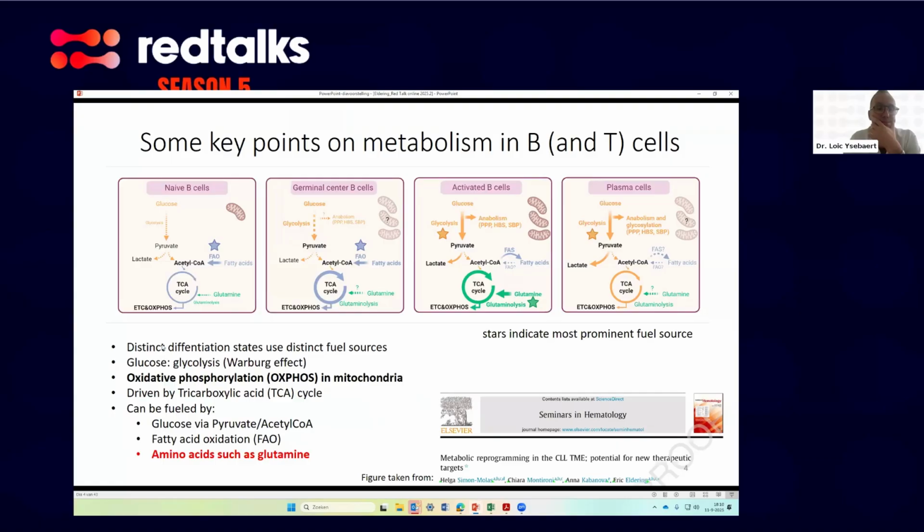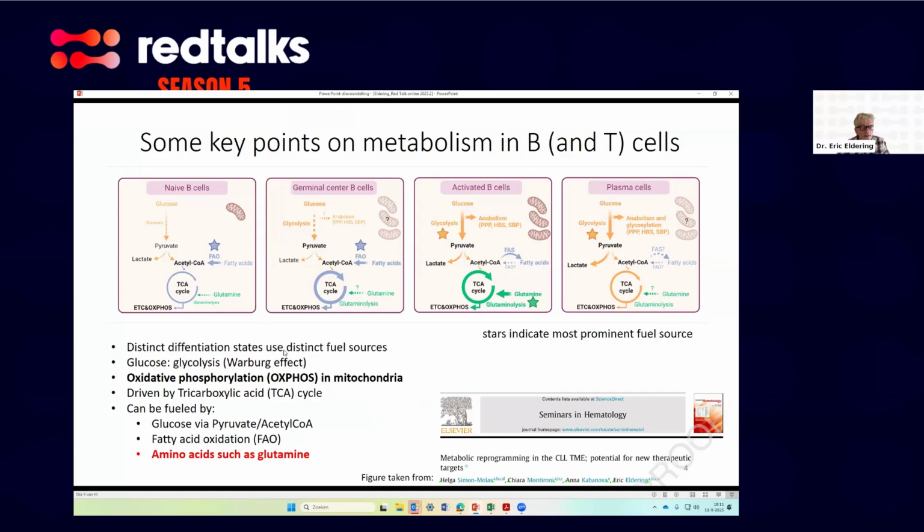Yes. Okay, so here are some notes that in non-malignant cells, from naive B cells, germinal center B cells, activated B cells, plasma cells, all these different states use distinct fuels for their energy metabolism. So glucose is used for glycolysis.